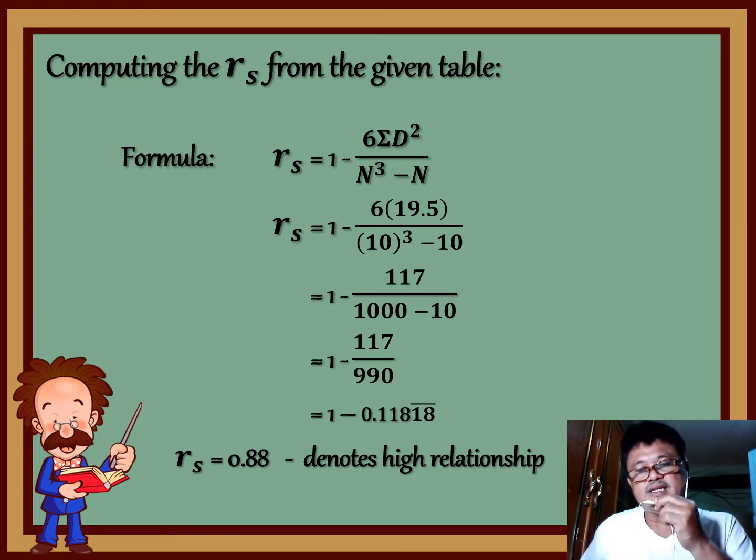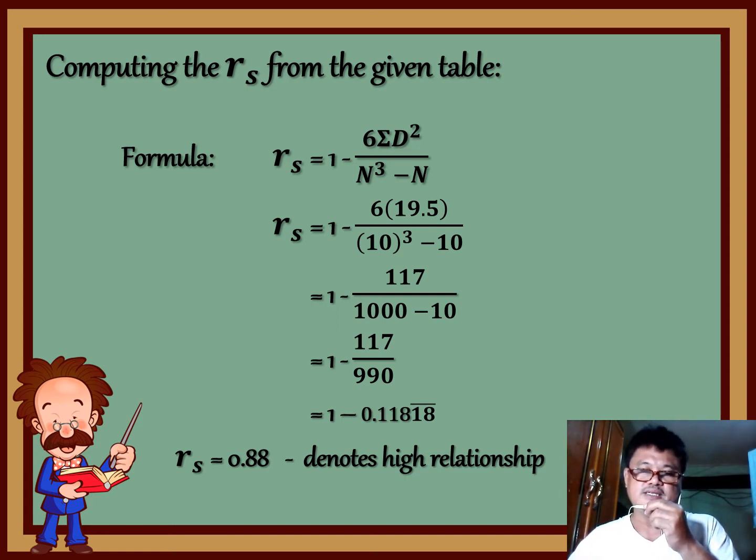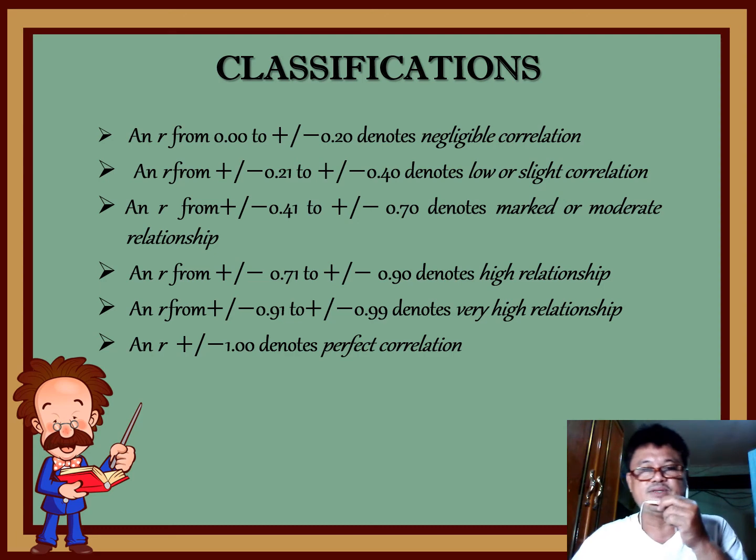Now, how did we get this relationship? This also means that when it is a high relationship, the reliability is also high. So it is the same as high reliability. To find out where we got this result, we have here the classifications. An R, or a correlation, from 0 to plus or minus 0.20 denotes negligible correlation. An R from plus or minus 0.21 to 0.40 denotes low or slight correlation.